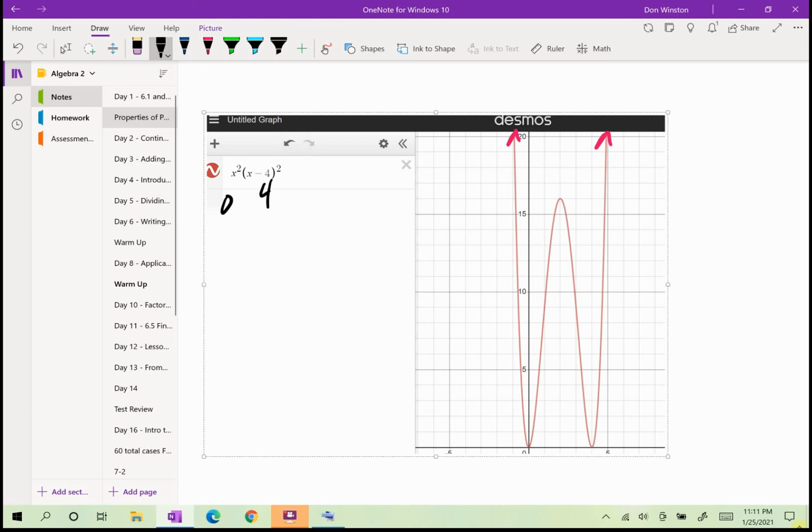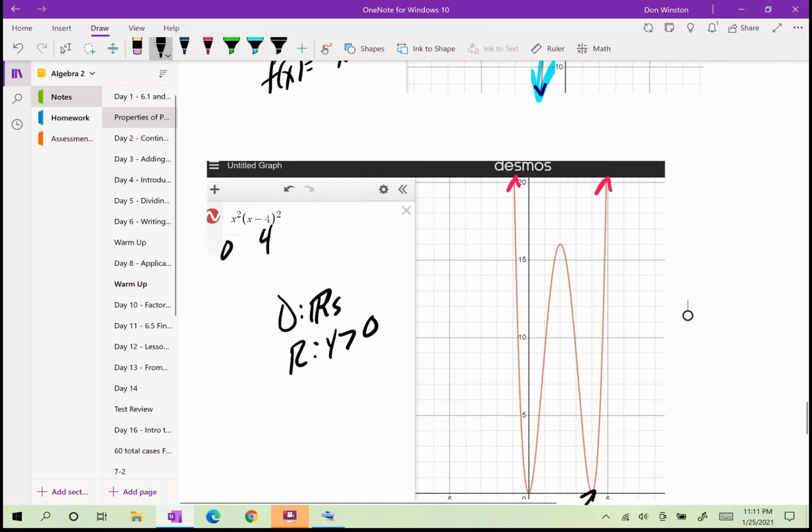Here, the domain for polynomial functions is always all real numbers. But now my range here, what's the lowest the y value gets is about 0. So it's going to be y is greater than or equal to 0. Okay.